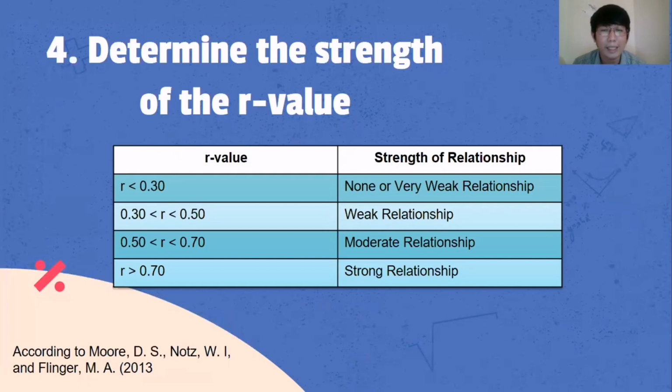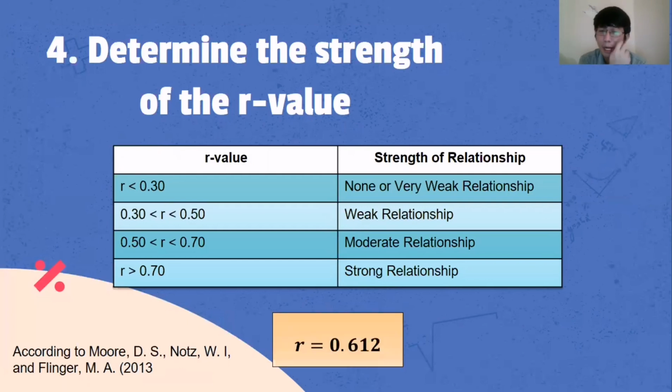If your R value is greater than 0.30 and less than 0.50, you have a weak relationship. If it is greater than 0.50 and less than 0.70, you have a moderate relationship. And if your R value is greater than 0.70, you have a strong relationship.